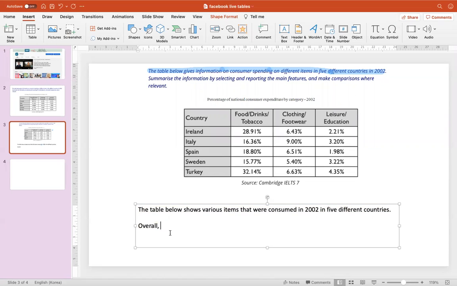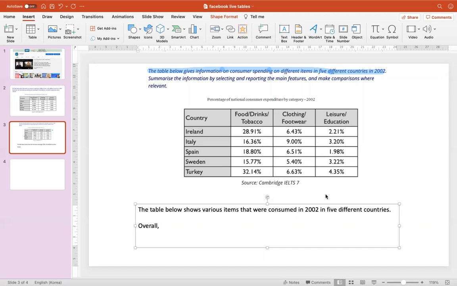Then we have to do an overview. Overview is, well, it's what it says. It's an overview. It's a summary. It's a basic reporting of the general trends in here. We do not mention any specific numbers. Okay, we just say generally what this shows.